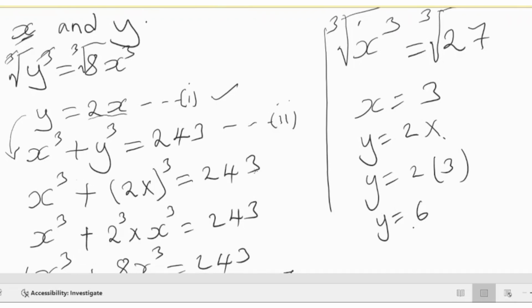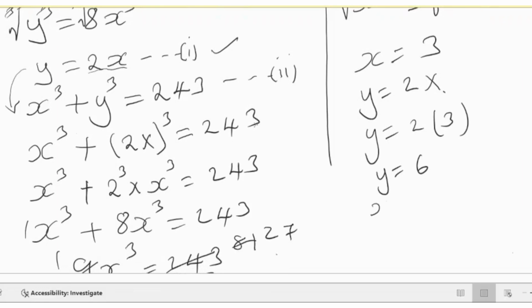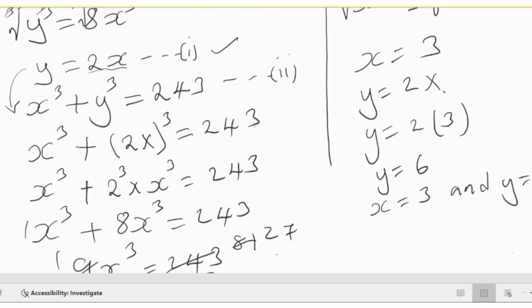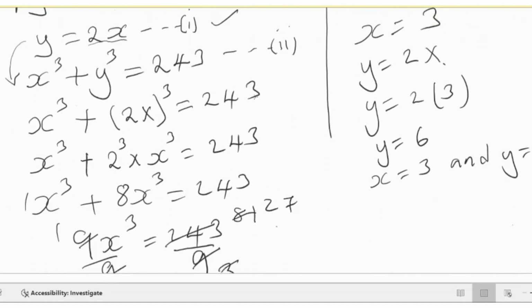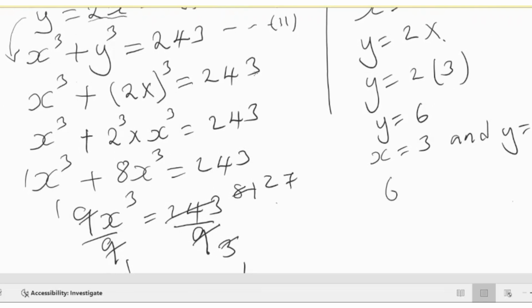So our numbers are x equals 3 and y equals 6. Since we have not yet answered the question, what is the difference of the two numbers? We say that 6 minus 3 is equal to 3. And this is our final answer. So thank you for watching.